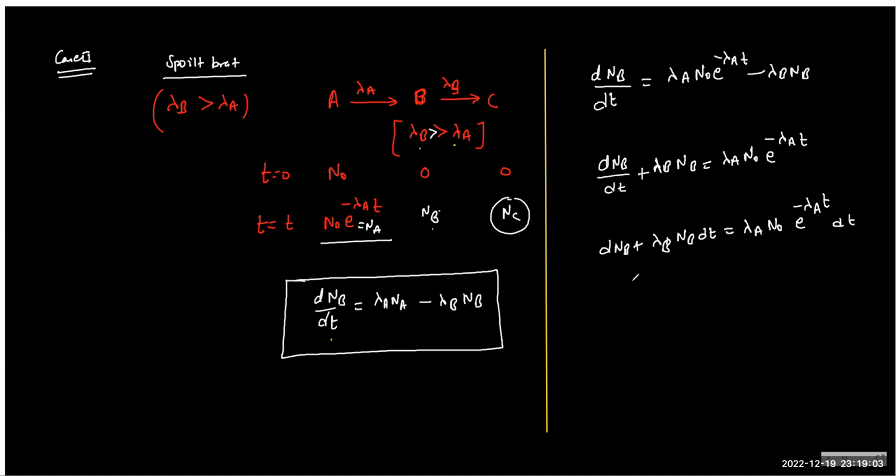So what else can we do here? We can multiply both sides by e power lambda b t. If you know mathematics, you can solve from there, but anyway, I can do it this way. So multiplying both sides with e power lambda b t, what will you get?